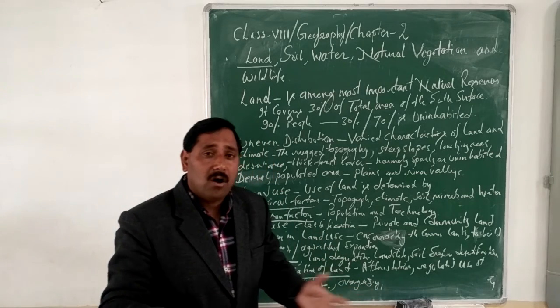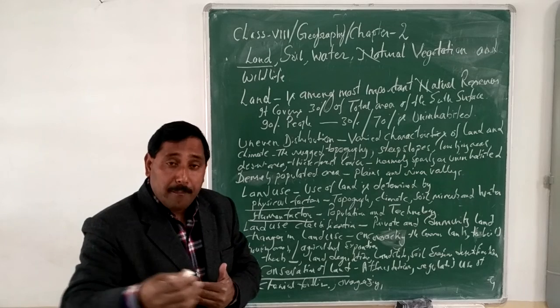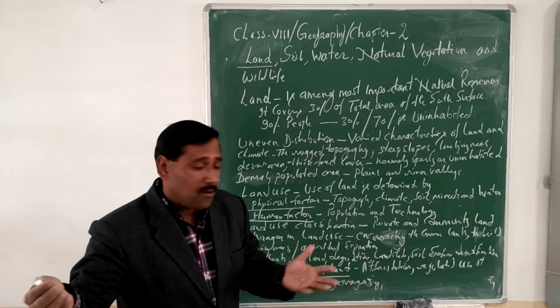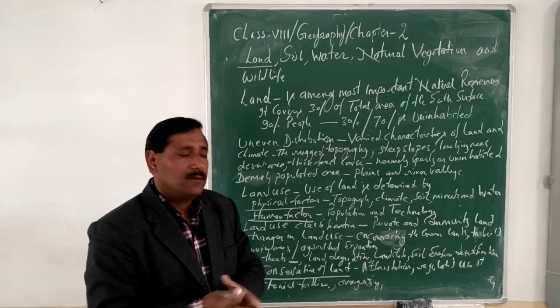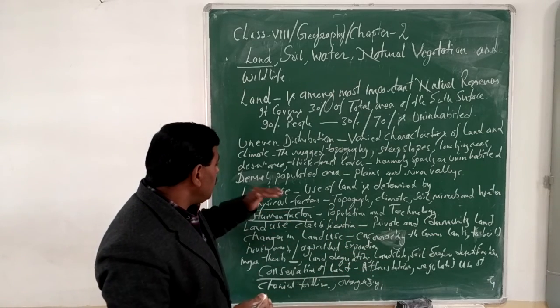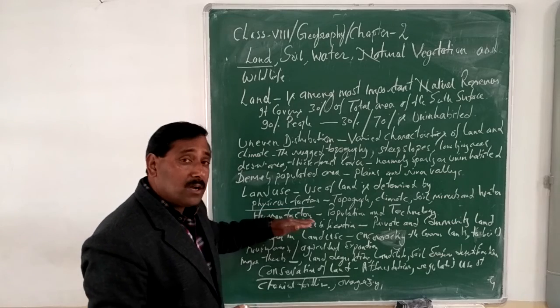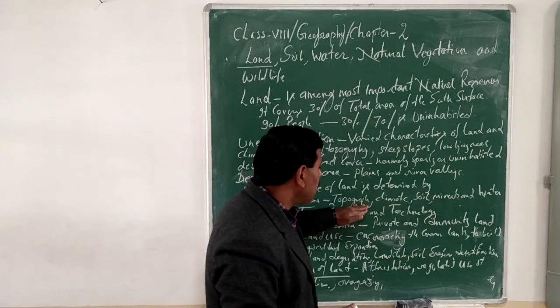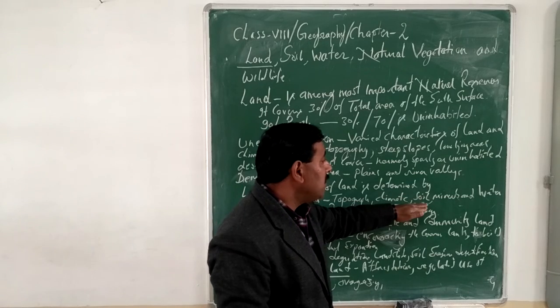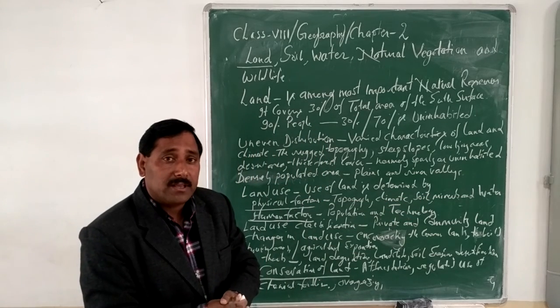We use the land for agriculture, for park, you can say, for forest cover, for orchards, various uses are there. So these physical factors, what are those physical factors? These physical factors are topography, climate, soil, minerals and the water present over that area.